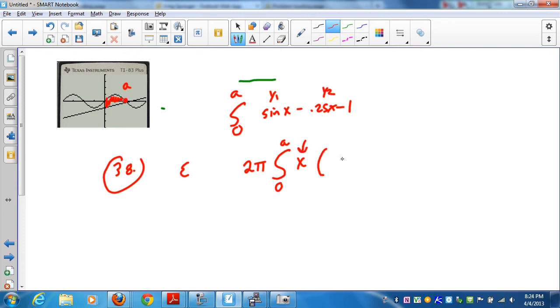That's the radius, if you will. And it's sine of x minus 0.5x. We're rotating it about the y-axis. This is just a way to find the volume without having to resolve for y. So we'll skip that one.